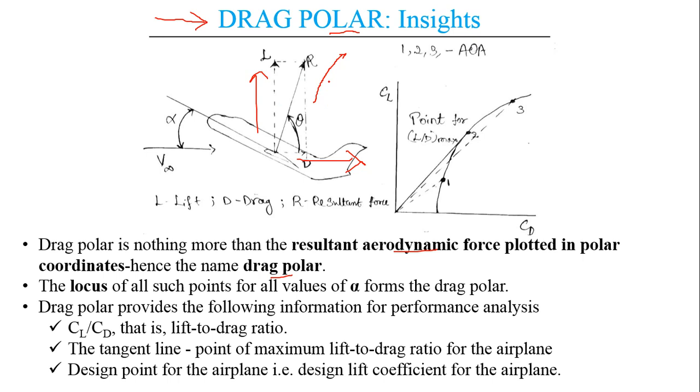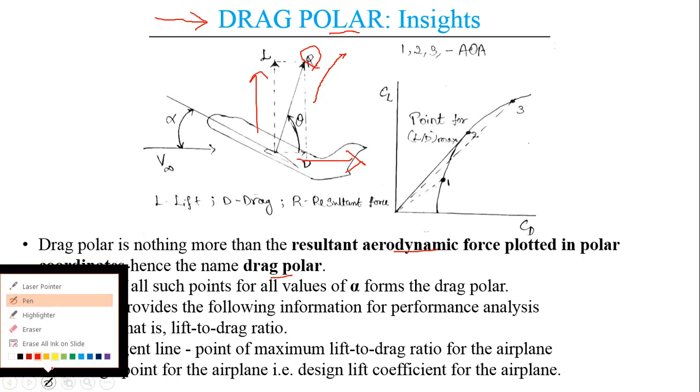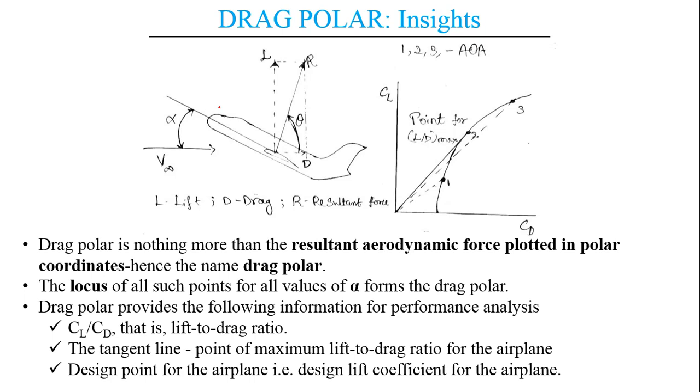So this particular resultant force is traced over here based on the lift and drag, and this resultant force will be acting at some particular angle theta, which is also based on the drag and lift.